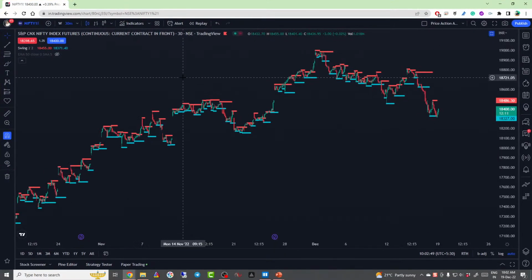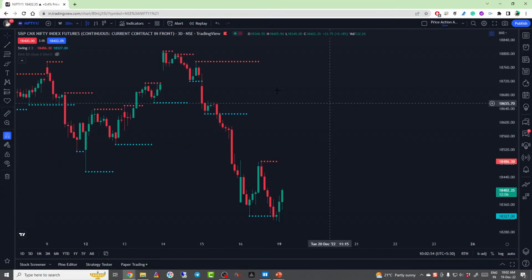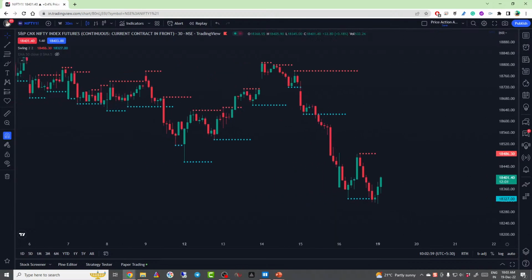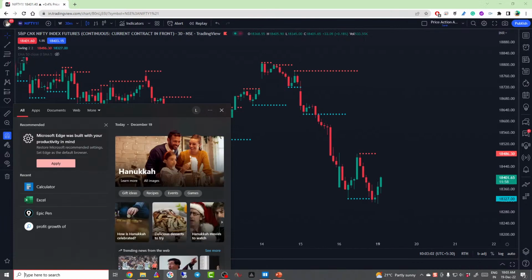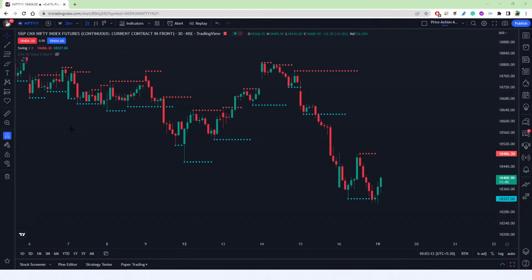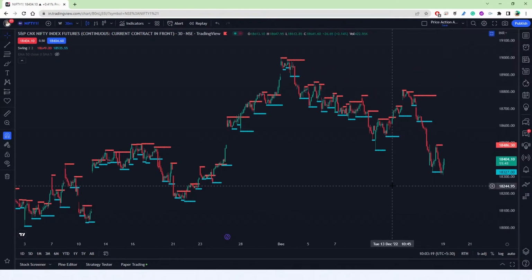So this is a Nifty futures continuation chart, a 30-minute chart. Before we jump into the concepts of order flow or footprint charts, we go by a process, basically a context.